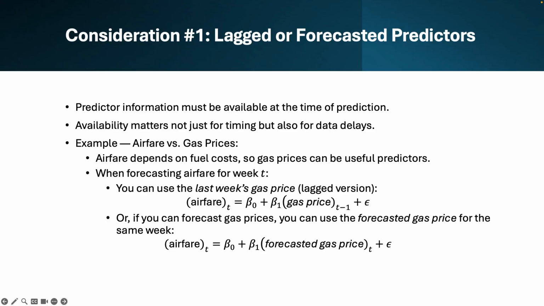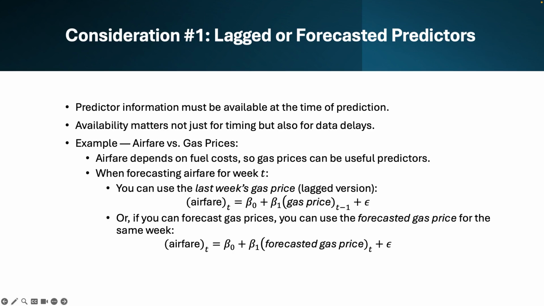Availability matters not just for timing but also for data delays. Sometimes even if a variable corresponds to the same period, it's not yet published or available when the forecast is made. So we use lagged or forecasted values.